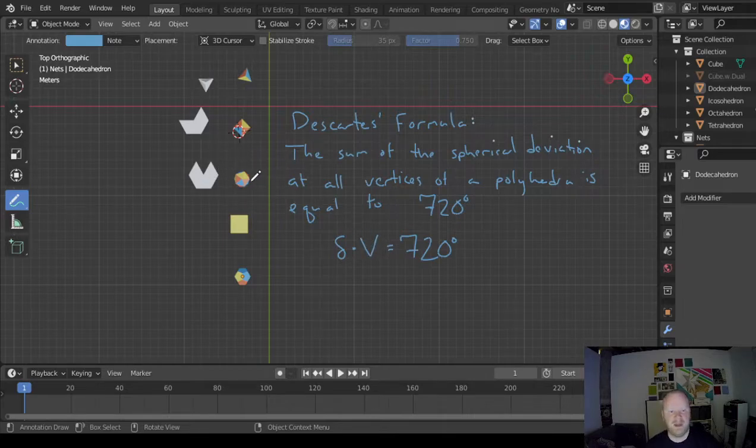Just a small bit here. So let's try and do that with this shape here, the icosahedron. So for the example, we can say how many vertices are in an icosahedron?